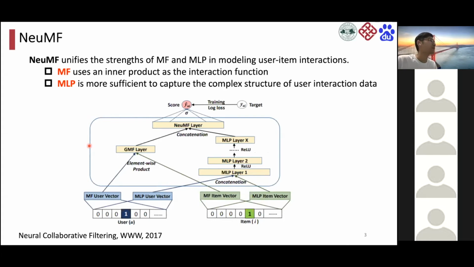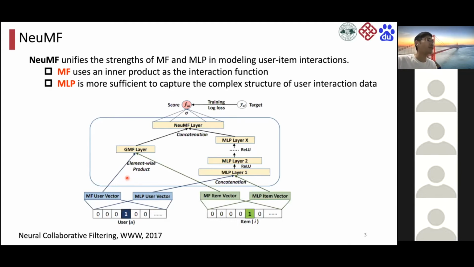In this paper, they explore the neural network architecture for collaborative filtering, and they devise a general framework to model user and item interactions in different ways, like the generalized matrix factorization, the GMF, and the MLP.